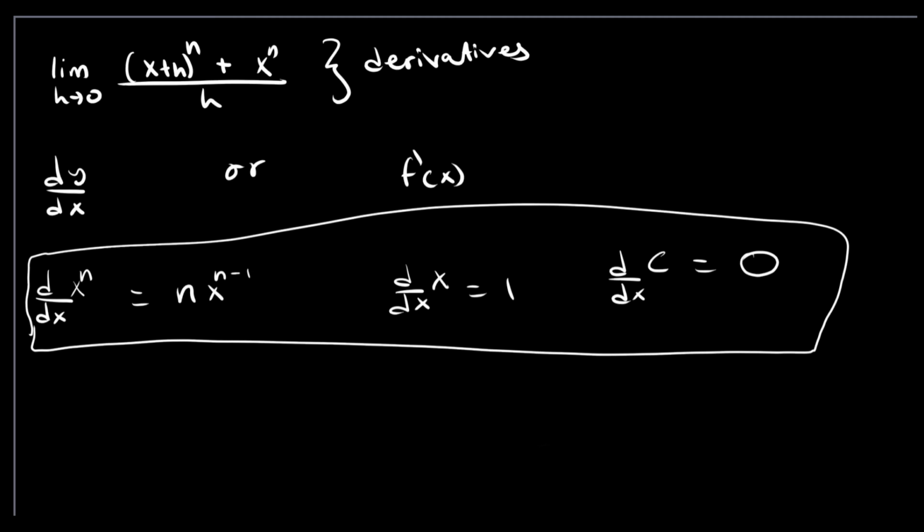Alright, now that you're experts in derivatives, let's test how good you are. Let's take x to the power of 5 plus 6 x to the power of 7 minus 10. I want to find the derivative of that. This is my f of x.